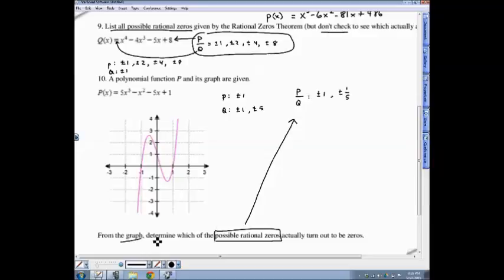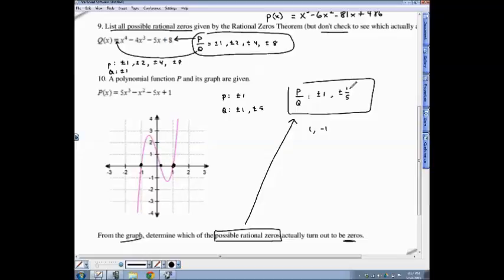It says use the graph to determine which of these actually turn out to be actual zeros. And remember, zeros are the same as x-intercepts. So we have an x-intercept here, here, and here. Do those match up with any of the values from our list of possible rational zeros? And obviously we have 1 and negative 1. And we have the 1 here.